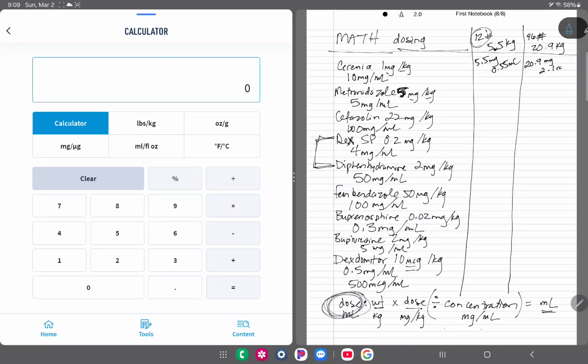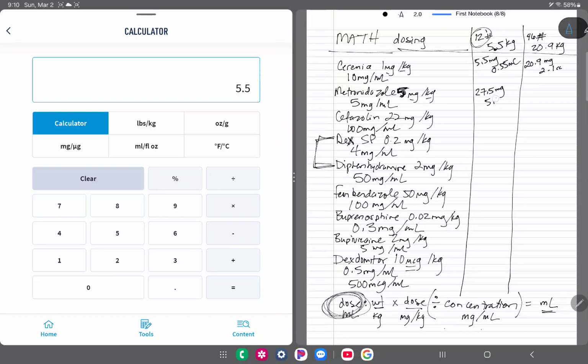Metronidazole. Doc says I need 5 mg per kg of metronidazole in that animal. And you have an injectable metronidazole that you're going to give to that animal in, say, your ICU. So I've got 5.5 kgs times 5, and that equals 27.5 mg. And if you look down there, divided by concentration, divided by 5, and you get your mils.